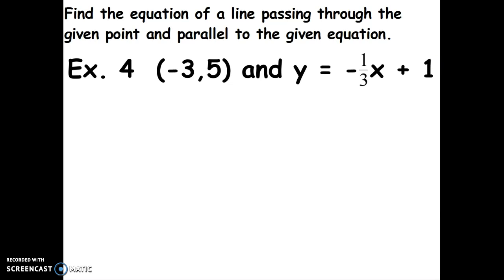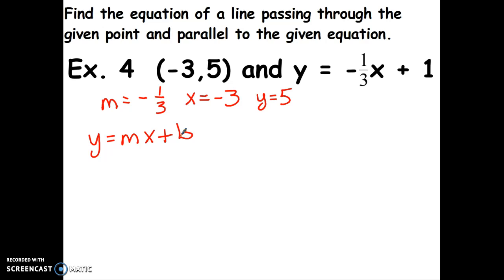All right, so the first thing we need to identify is our slope. For your slope, you should have had -1/3. Your x is -3, and your y is 5. So y equals mx plus b. The y is 5. The m is -1/3, and the x is -3.